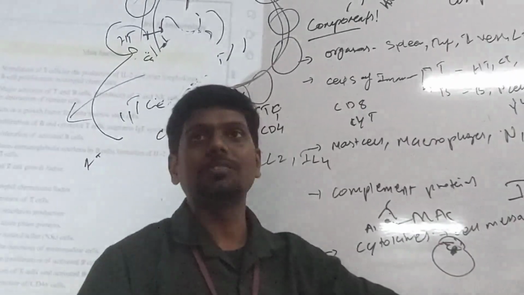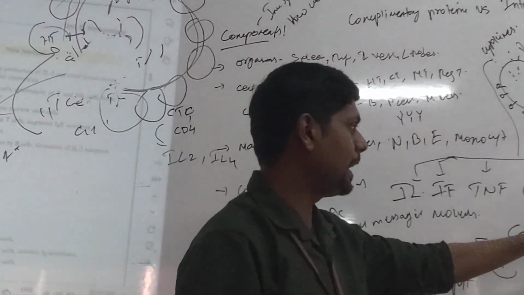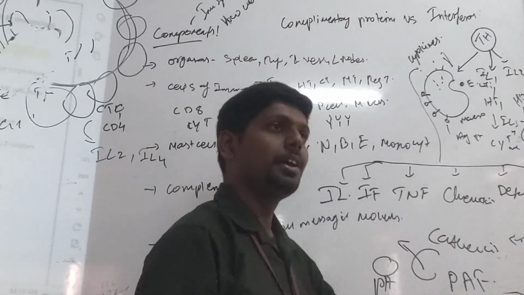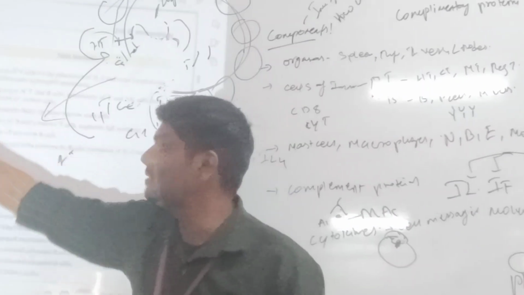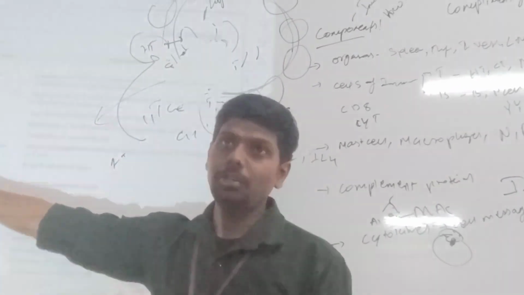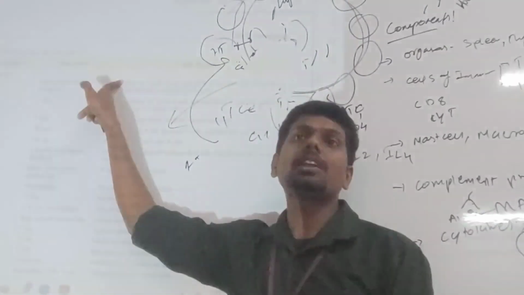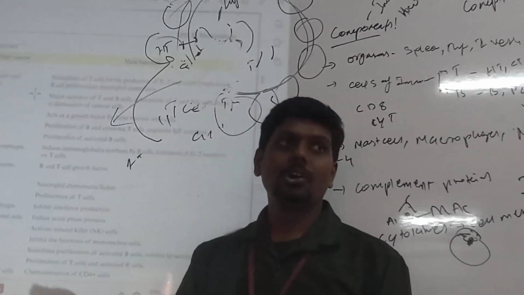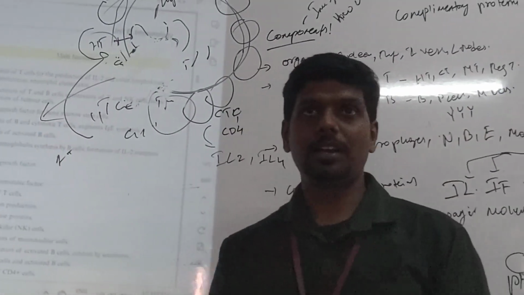We have these classes of cytokines: interleukins, interferons, tumor necrosis factors, chemokines, defensins, catalysts, and platelet activating factors. And in interleukins, we have multiple types: interleukin 1, 2, 3. What cells release what interleukins and what are their functions. So if you understand this table, you will understand cytokines very deeply.